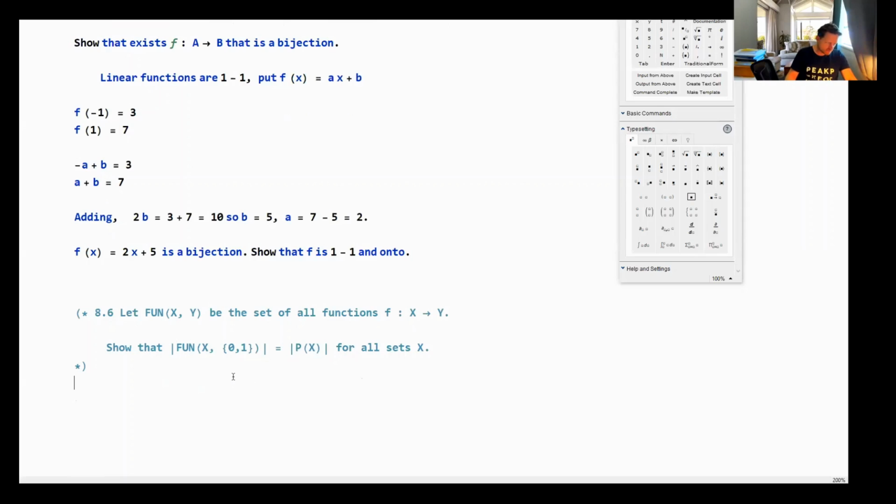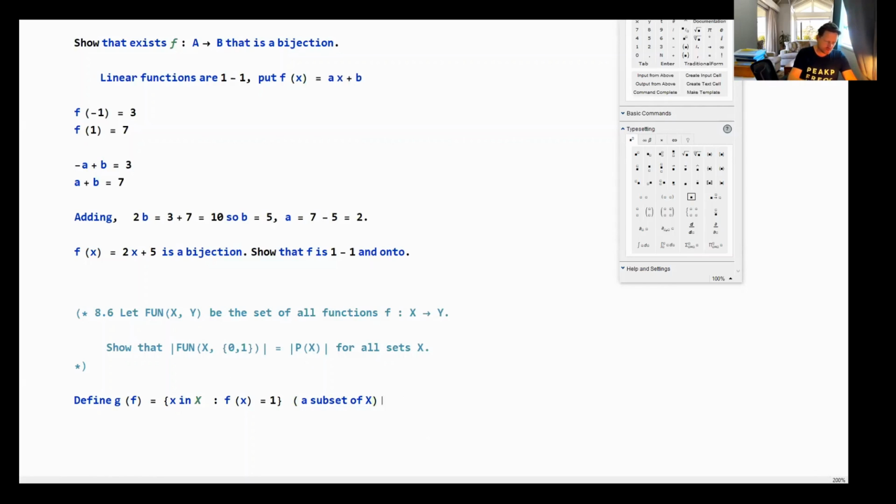Okay, so what you want to do here then is to define g of f to be equal to the set of all x in x such that f of x is equal to 1. For example, all right, and then you can notice that this is actually a subset of x. So it does map to the power set.